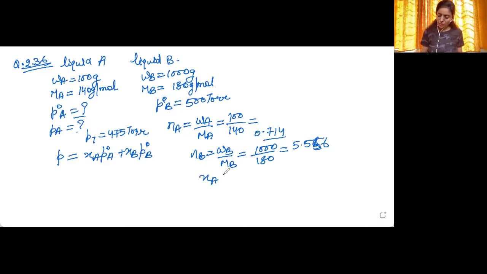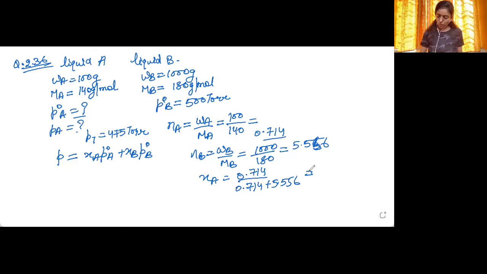Now XA will be equal to 0.714 upon 0.714 plus 5.556.